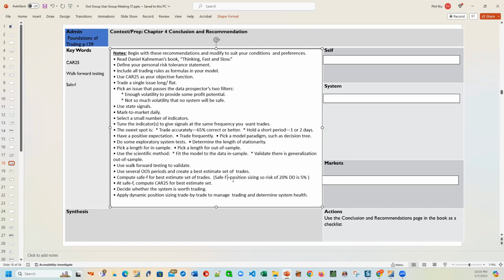So safe F is position sizing so that the risk of a 20% drawdown is less than 5%. So you want to have a low probability of having a 20% drawdown. So then using that position sizing to compute the CAR 25.